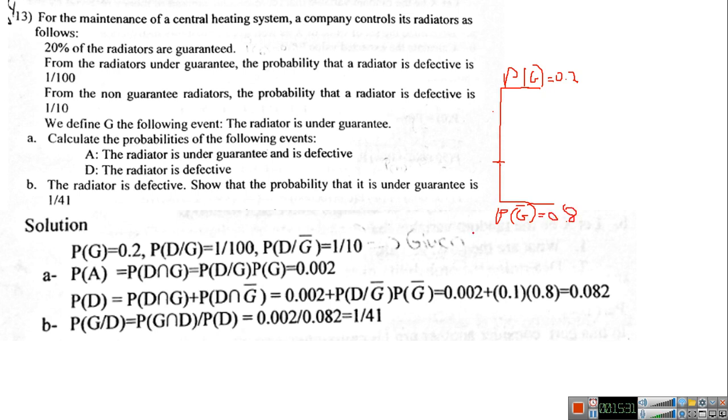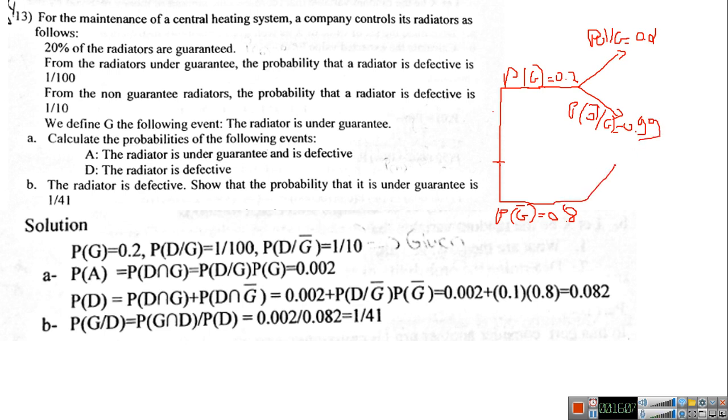Now we have an event which is defective, so now we can fill it. P of defect knowing G is 0.01. P of non-defect knowing G is equal to 0.99.